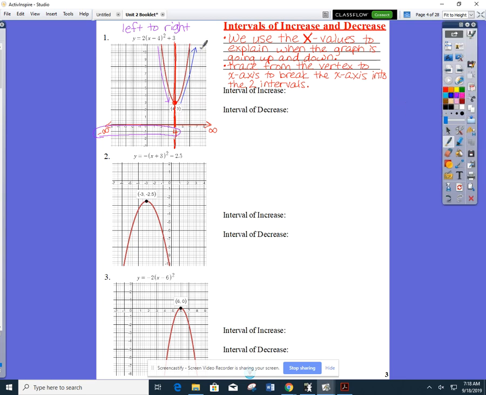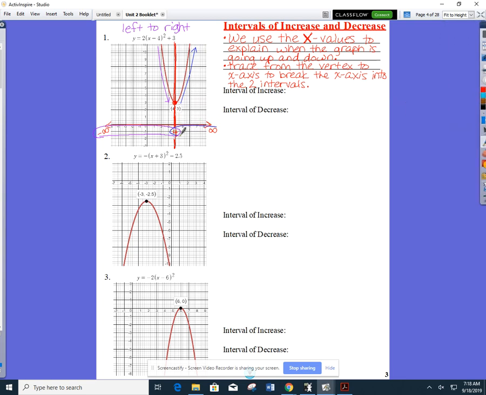So if this is where we increase, then the increase starts once you're past 4 and you go up forever. And I'm just going to write this on here now that my pen is working.